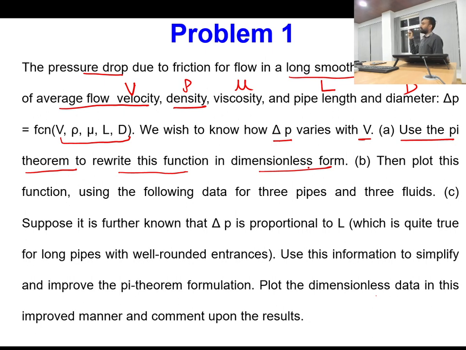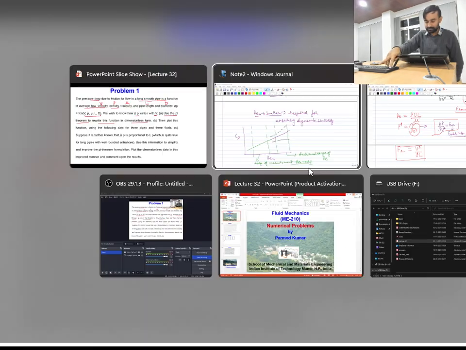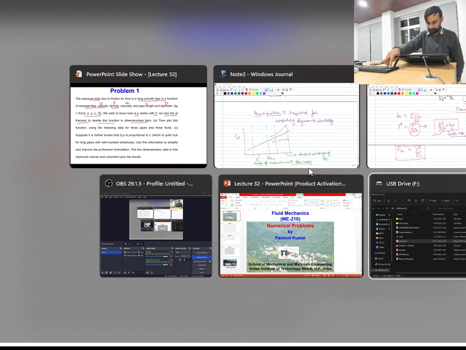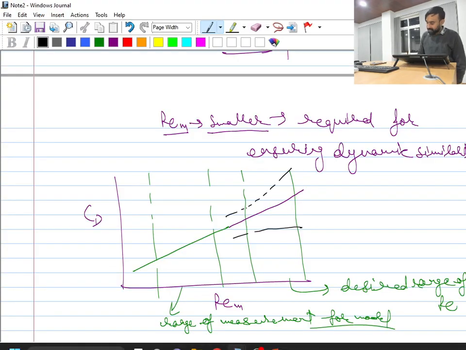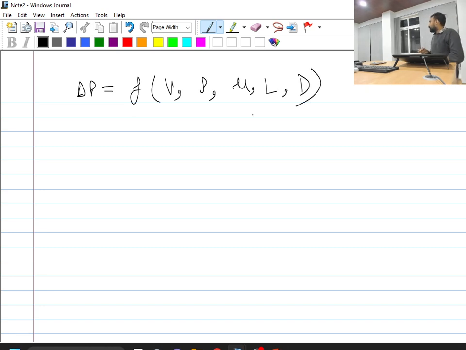So what is our first task? Please tell me. The first task is, it is given in the question that delta P is a function of velocity, rho, mu, length and diameter. We have to write it in dimensionless form.